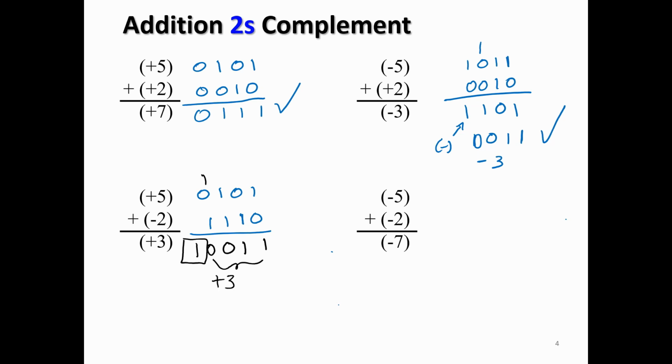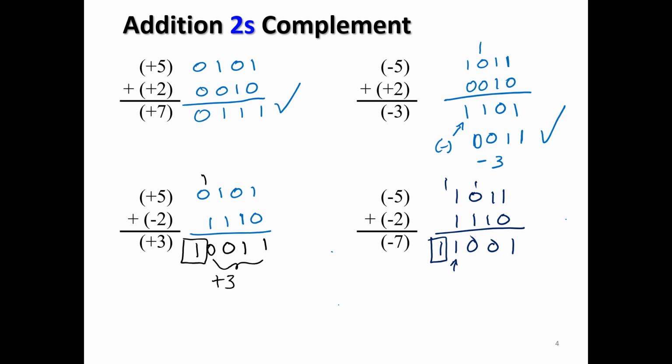What about this last case? We have 1011, and we also have 1110 for negative 2. We add those: 1, 0, 1, 0, 1, and a 1, 1. We can ignore the first bit, and the rest we start with this bit.